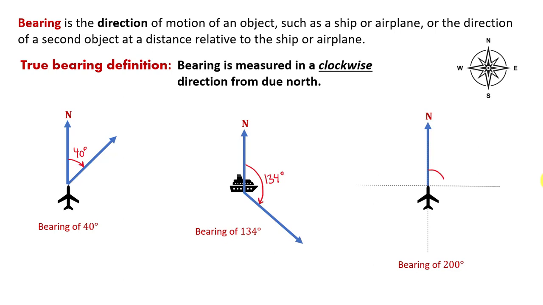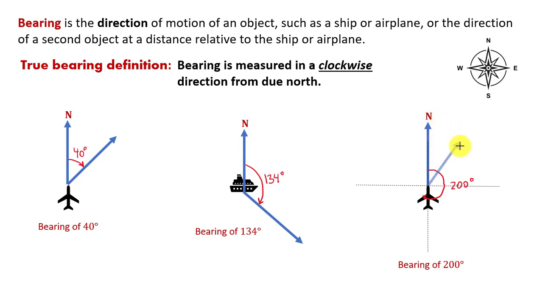So if I rotate this far in the clockwise direction, I rotated 90 degrees, and I have to keep going. If I rotate this far, that's going to be 180 degrees. I have to keep going just a little bit more, right? I have to rotate 20 degrees more. So I'll rotate just a little bit more and I stop. That is 200 degrees rotated clockwise from the north vector.